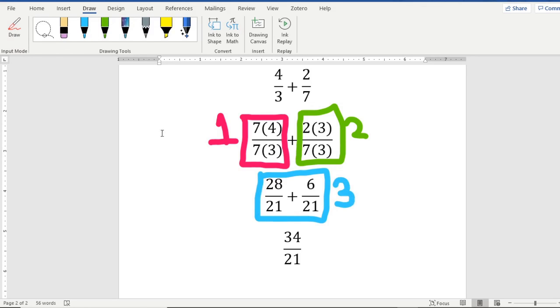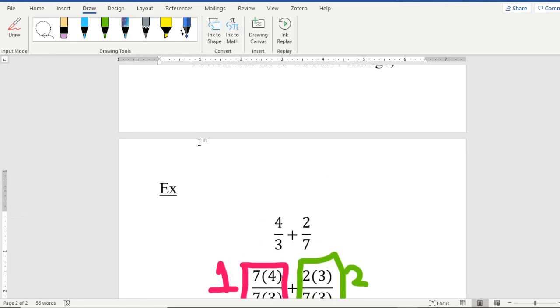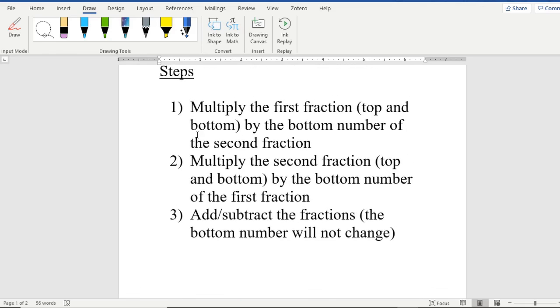Okay. So let's make sure these all match up. Step 1 should be multiplying the first fraction. Step 2 should be multiplying the second fraction. Step 3 should be adding them. Yep. So step 1 again, multiply the first fraction, top and bottom, by the bottom number of the second. Did that. Step 2, multiply the second fraction, top and bottom, by the bottom number of the first.